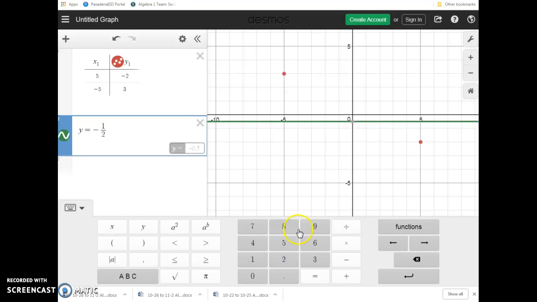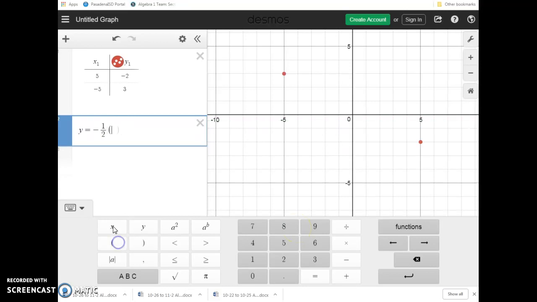Make sure you use the division sign, and then go over for times x -5, close parentheses, -3. And you see that this line does not pass through these 2 points.